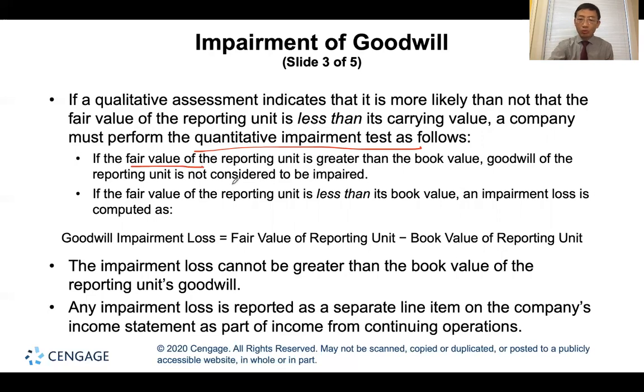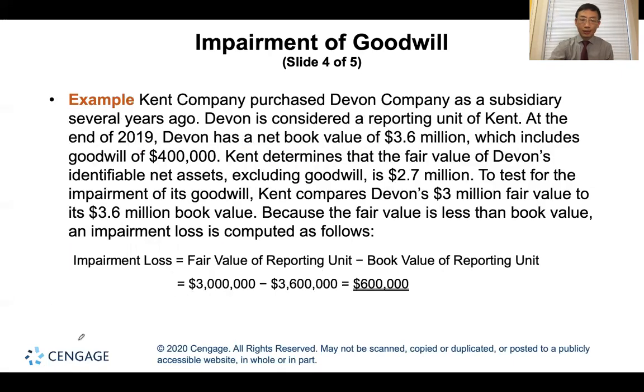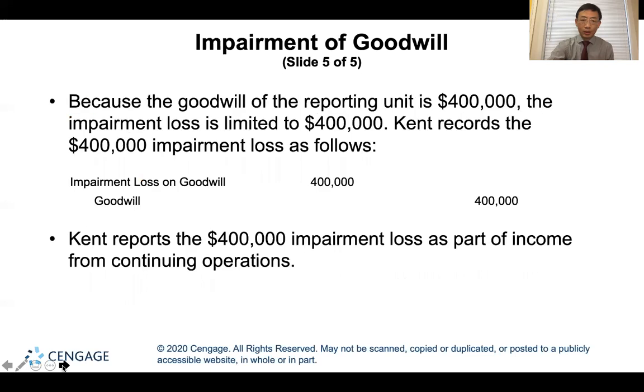If so, we need to recognize the goodwill impairment loss. So fair value minus book value, and then the journal entry is a debit impairment loss on goodwill, credit goodwill.